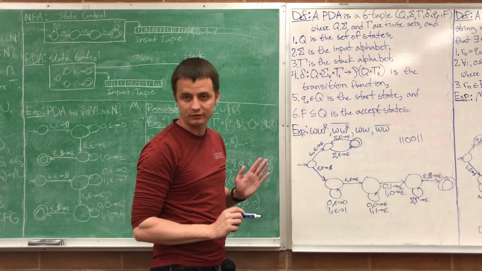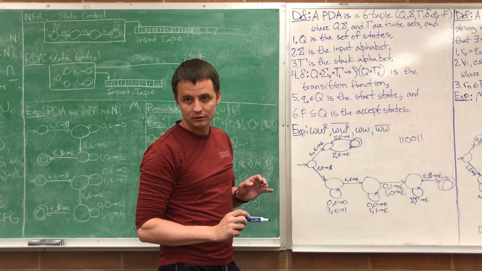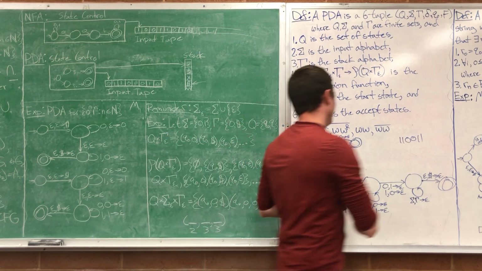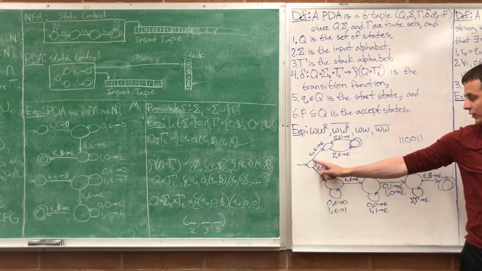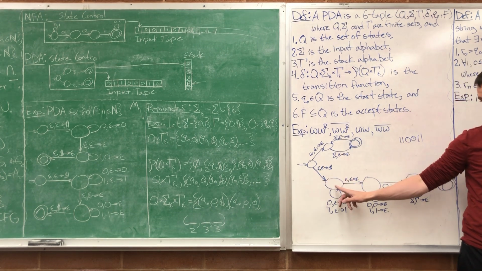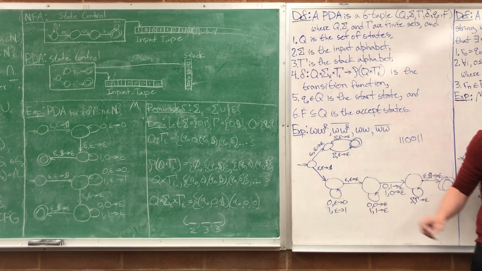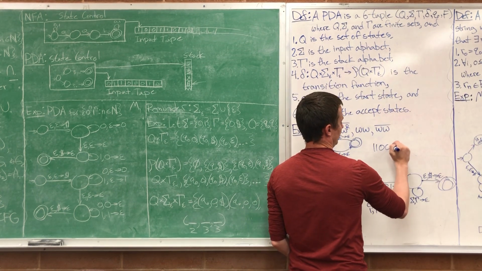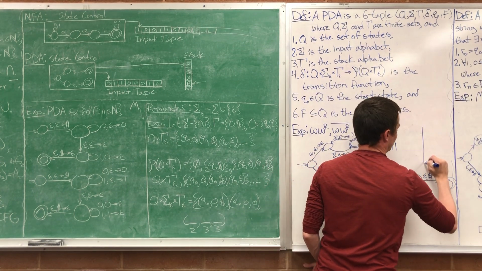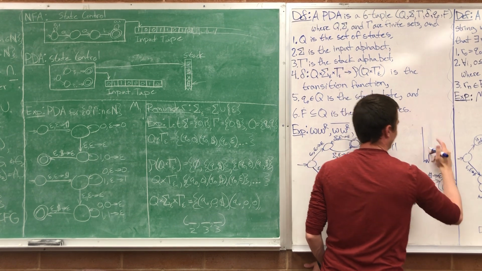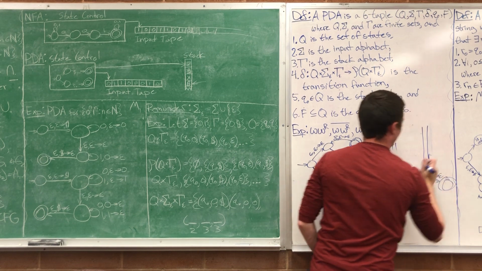It should not be able to accept that string. So obviously it won't accept the string up this way. Let's see why it won't accept the string this way. You with me? So I'm going to try it over here, 110011, and we'll draw a picture of our stack here.